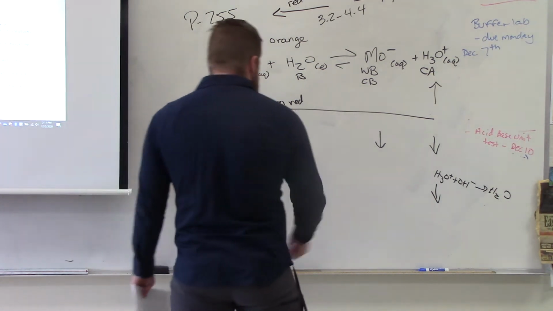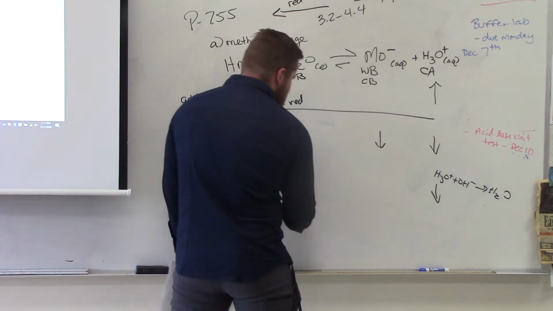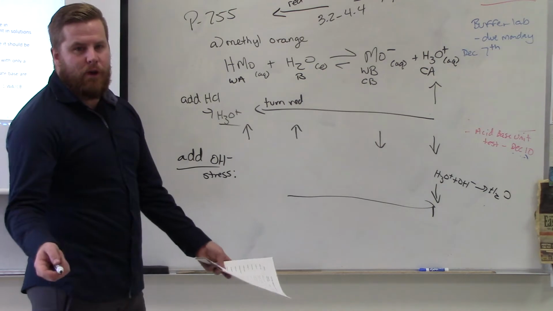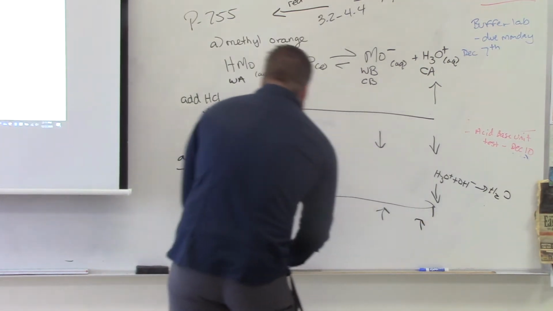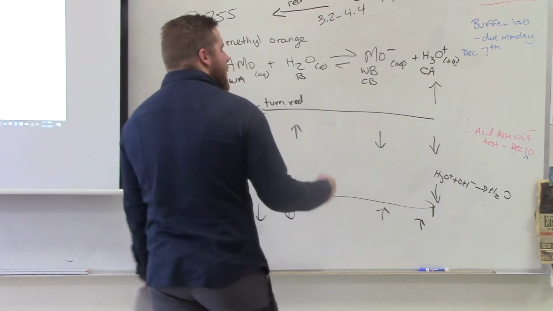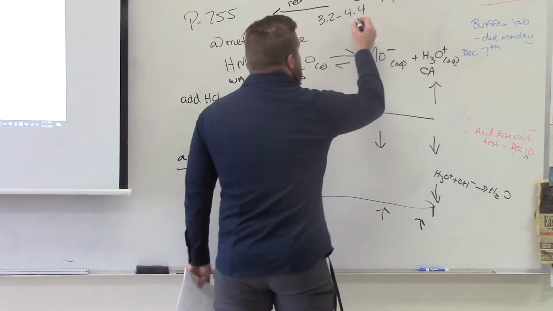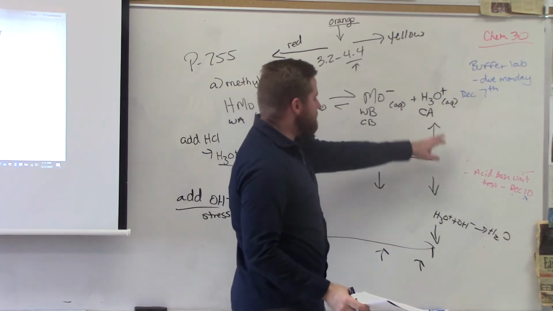Now what happens is if methyl orange is in a basic solution, it shifts towards the hydronium because the hydronium has a deficit, right? My new equilibrium is here. So as basicity increases, the hydronium is neutralized.